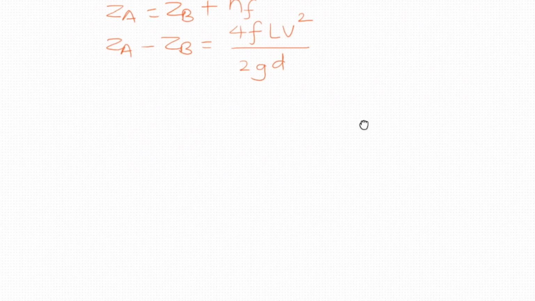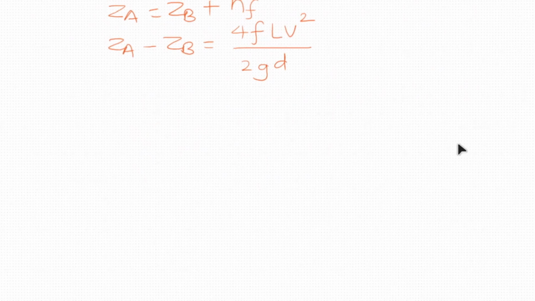Now here, ZA minus ZB is given. As per the numerical, the difference in elevation of A and B is 20 meters, so ZA minus ZB can be written as 20 meters. The value of small f is 0.005, with the 4 in the formula.